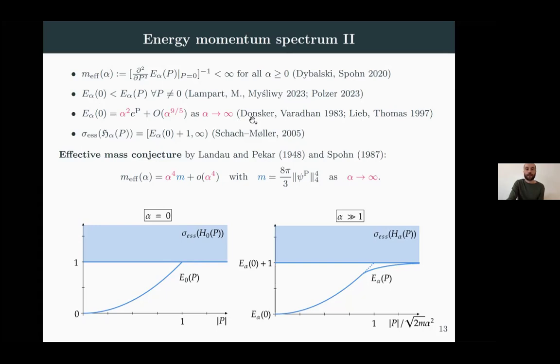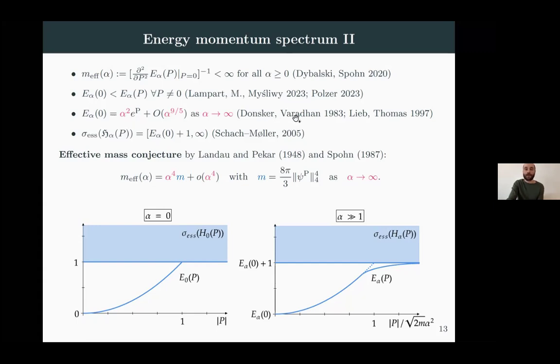And then there are these two very classic papers by Donsker and Varadhan and Lieb and Thomas, who studied the large alpha expansion of the energy at P equals 0 and showed that it's given in terms of the semiclassical Pekar energy, now multiplied with this large prefactor alpha squared, which comes from the fact that I'm using different units here.